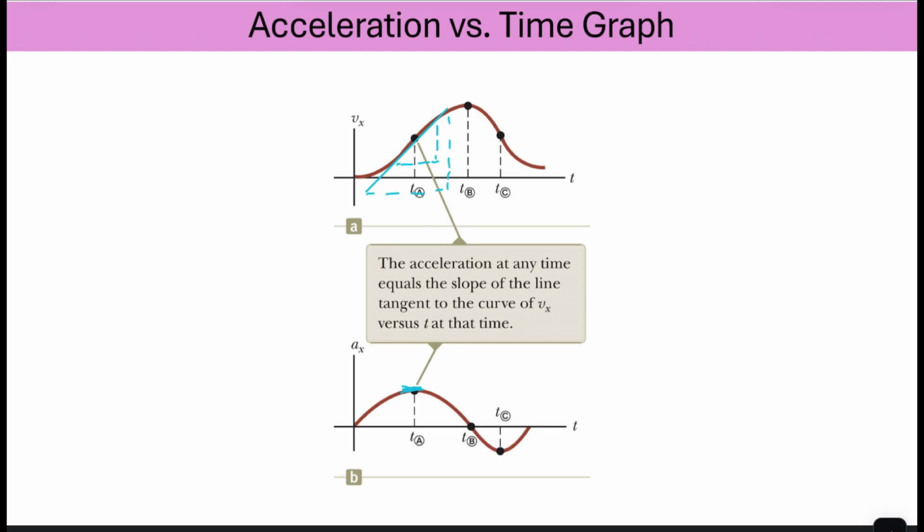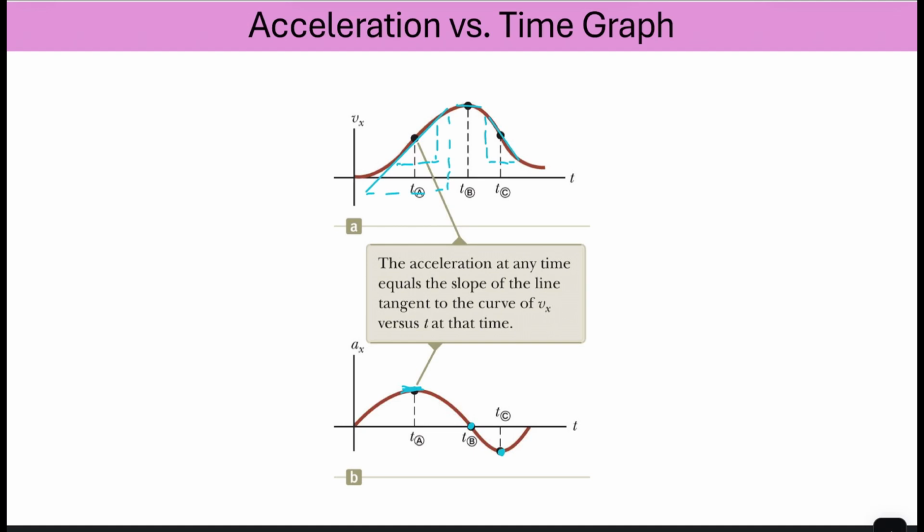Then at point B or TB, if we determine the slope here, there is no slope, because it's flat, therefore the value of A will be 0. How about at point C? At point C, we are going to calculate the slope here, and it is negative.